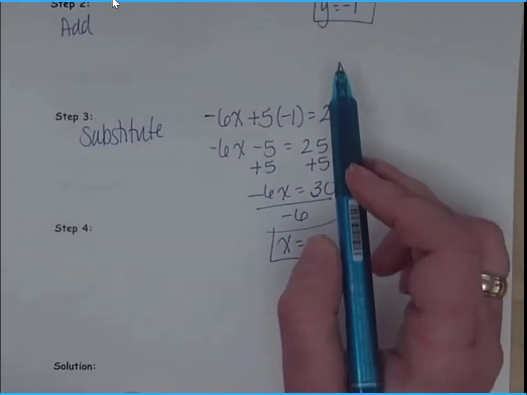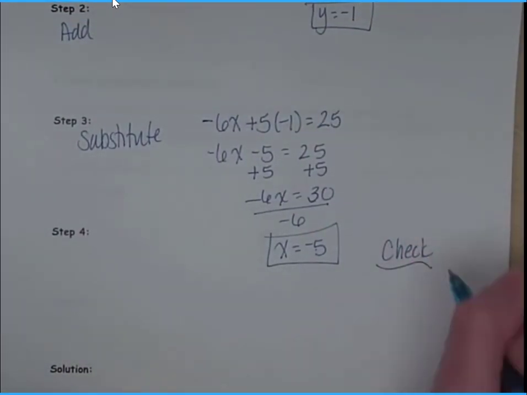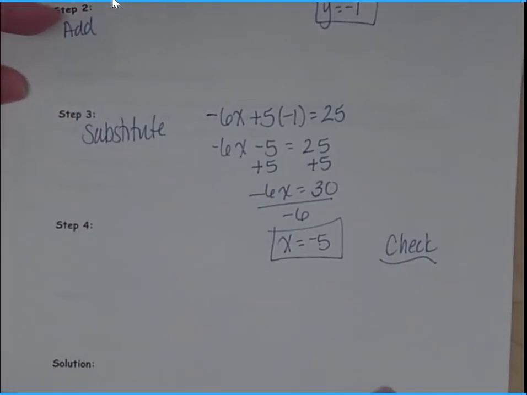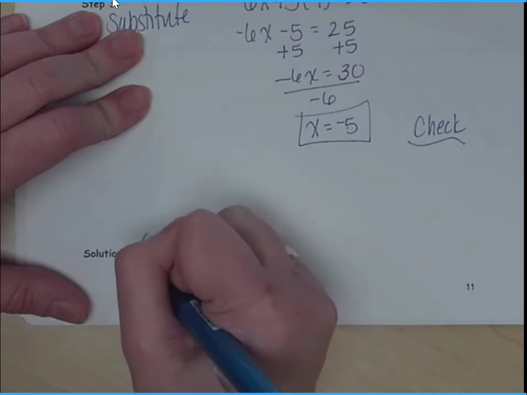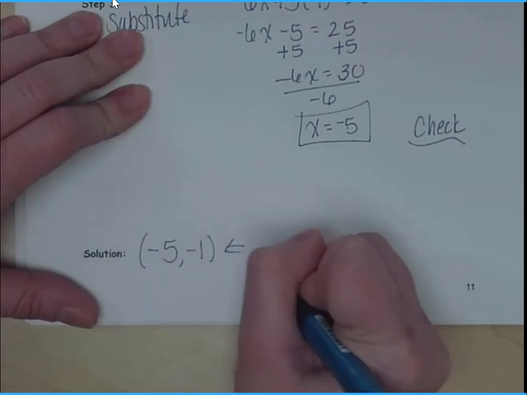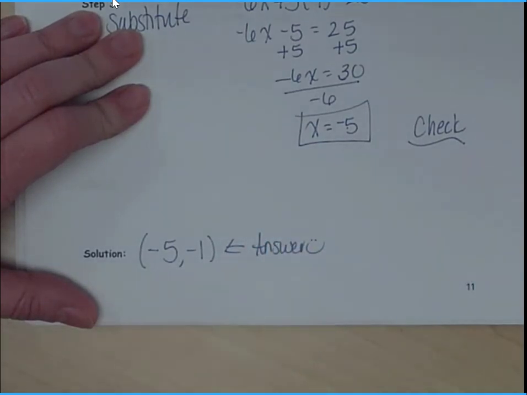I've got my x value, my y value. Now, to save some time, you may want to double check your work and just make sure you're all set. So what is my solution? Remember, my solution is an ordered pair. This is my answer, and it should always look just like this.